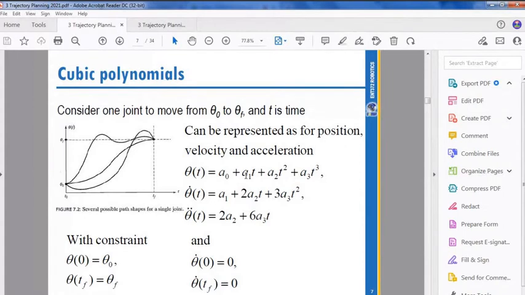We are going to define all these values, A0 until A3, by using this equation. If you want to find velocity, you need to differentiate the main equation, the position, with respect to time.